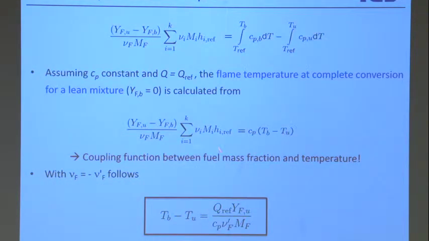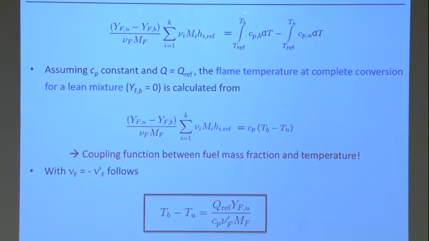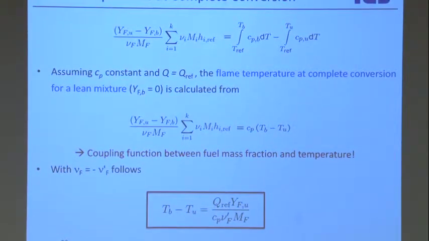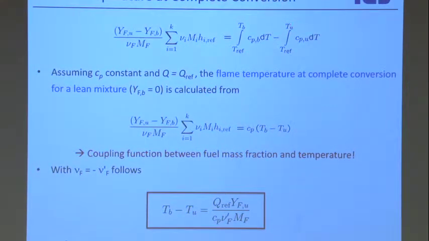And then you see this here is just Tb minus Tref minus T unburned minus Tref. So if I assume this is the same, this would be 0. And then I have just Tb minus Tu.